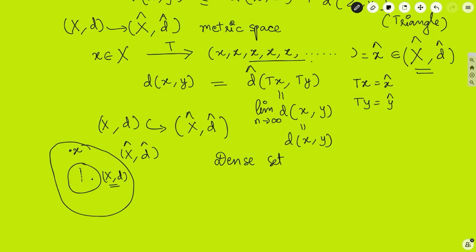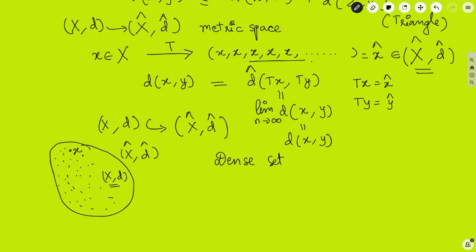The diagram can be a little misleading. If you're just looking at it geometrically, this is a circle, and I can see a distance between this and all these points inside. How does that approximate? That's the point here. For dense sets, maybe this is not an appropriate diagram. A better diagram may be that it is dense, so it's densely scattered.